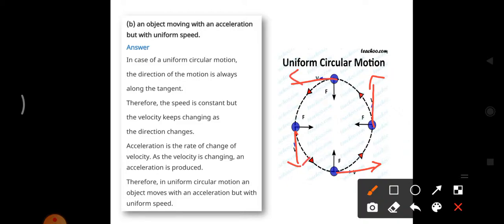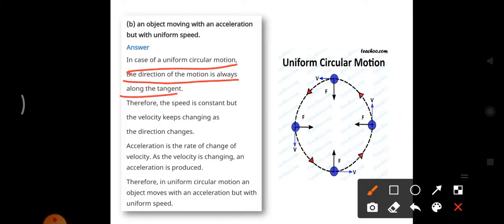When the velocity is changed, acceleration occurs. See here, in uniform circular motion, the direction of the motion is always along the tangent. That means this is the object. How to find the direction of the object?